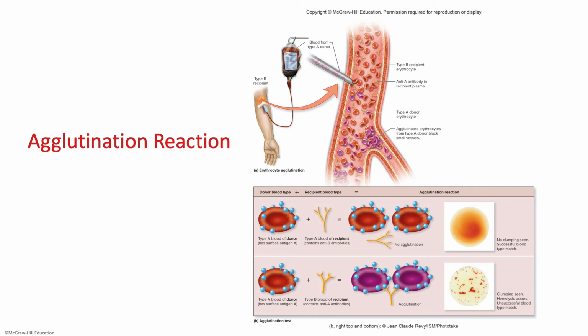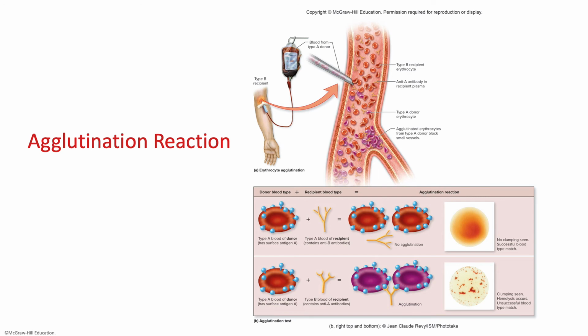Because there are no antibodies against the type A antigens, we don't get any agglutination because these antibodies only will bind to B antigens. When there's no agglutination, no clumping between an antibody and the surface antigens on the red blood cell, you don't see any clumping in the sample.